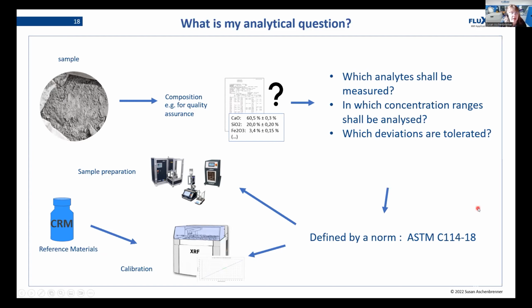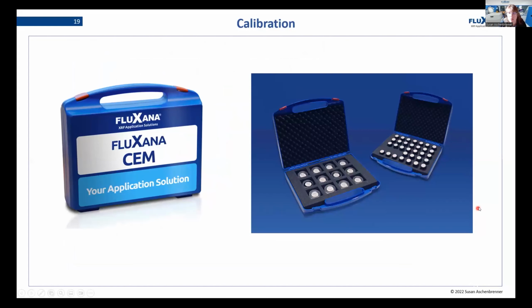And then for us, it was also important to see if our calibration, which is based on the FLUXANA CEM set, which is a commercial set that you can just buy and integrate into your process, is also showing the ASTM conformity. So is this calibration that we are having ASTM conform? That was the other question.